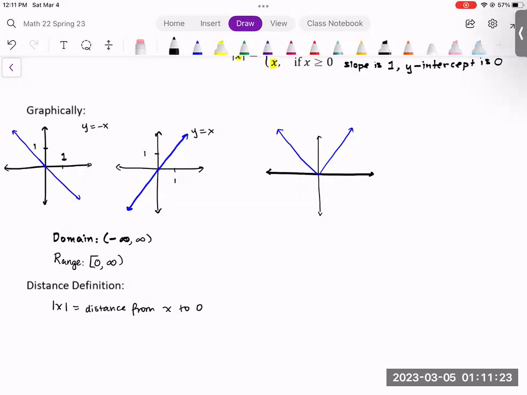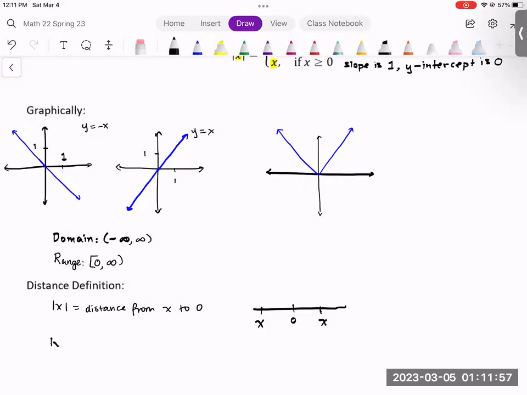So if you're sitting at 0, you might have that x is to the right, or you might have x is to the left. But this is saying how far away are we from 0? So we don't care about left or right.